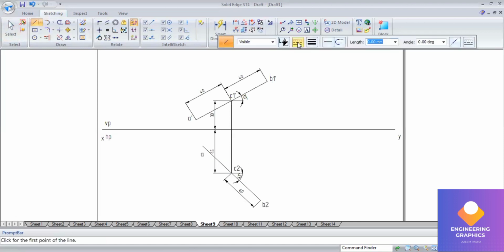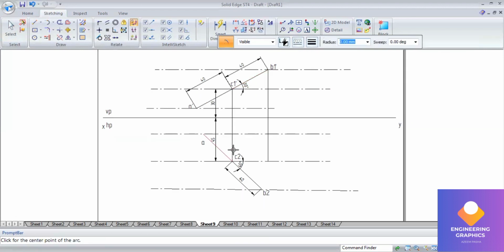I'll be going to line and mentioning the locus lines for all these endpoints: for endpoint B1 dash, C1 dash, everywhere we should mention these locus lines.